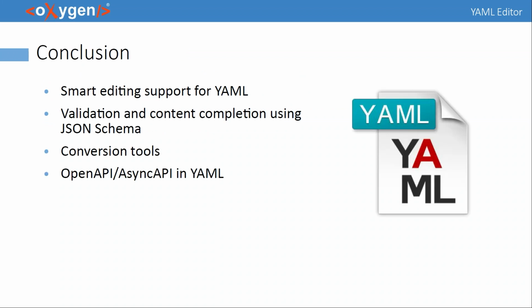In conclusion, the main important part to be remembered is that you can build and validate a YAML document using a JSON schema. This is very important in order to have a valid output.